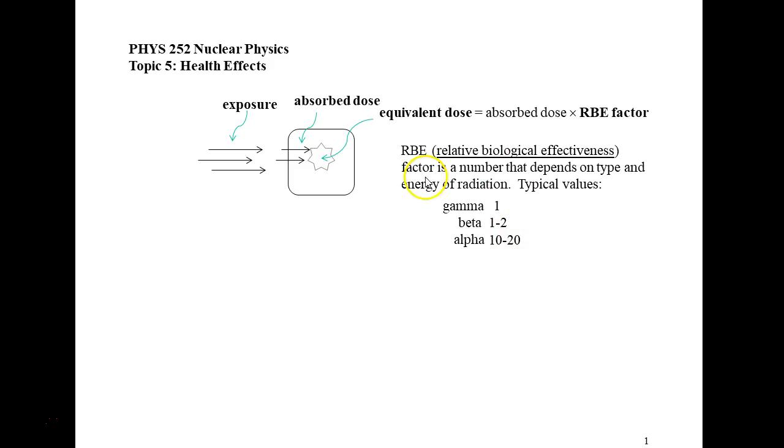Okay, so when you look at this table right here, you say, oh, it looks like gamma rays are not that dangerous compared to alphas. And that is true if all three of these are absorbed in your tissues. The issue with gamma rays, though, is gamma rays are relatively easily absorbed. Alphas are not.